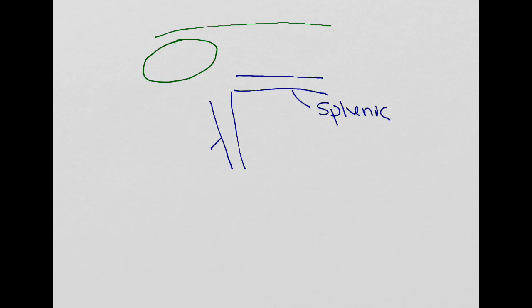So we have got a splenic vein coming this way from the spleen, which will unite with the superior mesenteric vein. Those join together to become the hepatic portal vein. Okay.